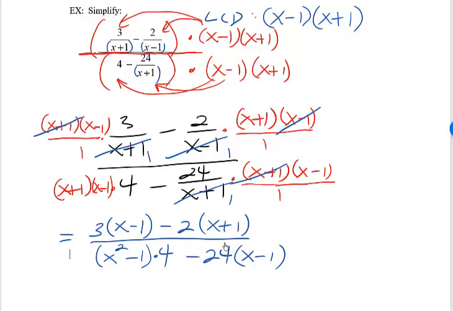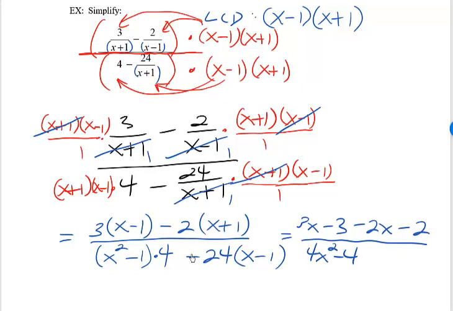Now, don't do any strange things like look for things to cancel. These are not factored. These are giant subtraction problems, not giant multiplication problems. So I need to actually work all this stuff out by distributing. The top becomes 3x minus 3, and then minus 2x minus 2. Just distributing here, the bottom 4x squared minus 4 when I distribute the 4 in, and minus 24x plus 24.